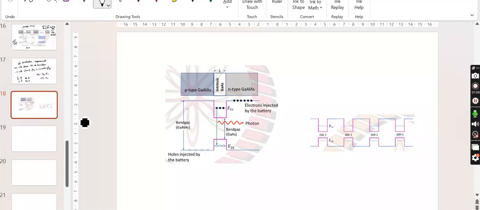So this is the working of a quantum well laser.